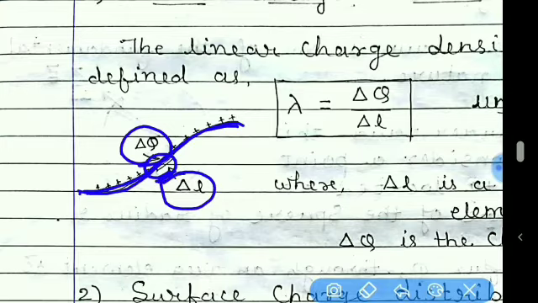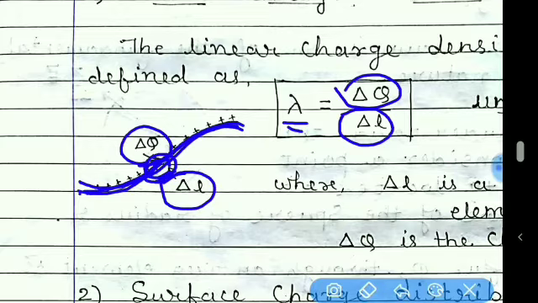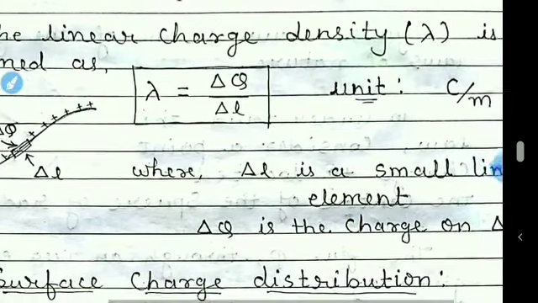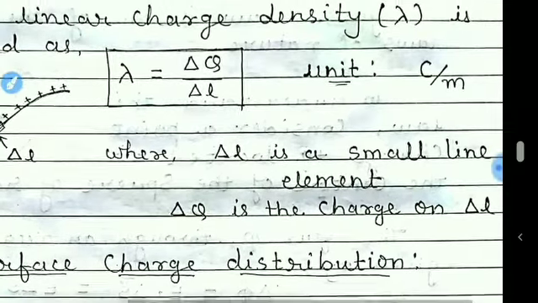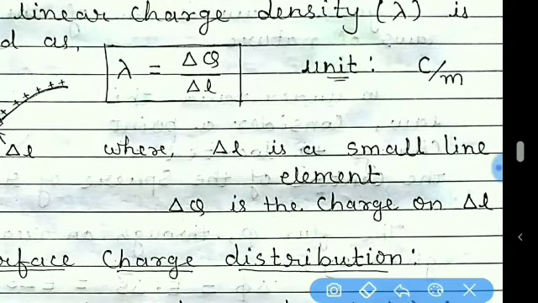So here the density of this part is lambda equal to delta Q upon delta L. Now the density can be uniform or non-uniform, and that's why the small part is to be taken. So this is about the linear charge density.